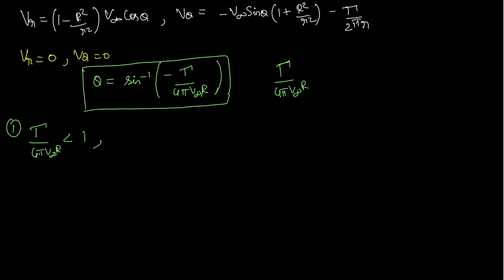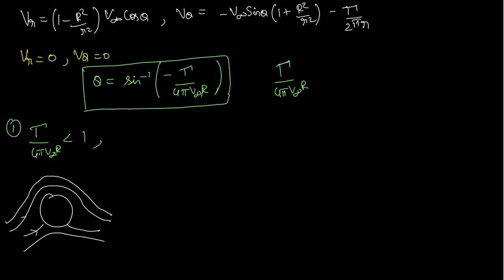So I can draw the corresponding flow with the cylinder to look something like this. We can see that the new stagnation points have shifted themselves to 2 points in the third and fourth quadrants. So that is what this solution says.